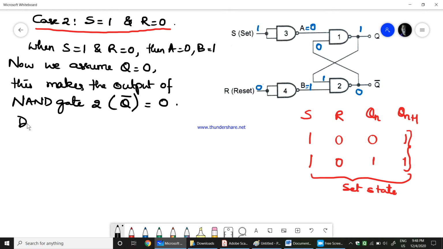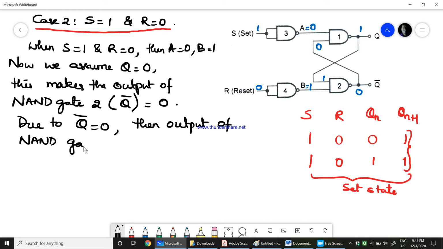Now due to Q bar equals 0, the output of NAND gate 1, which is Q, will be equal to 1.